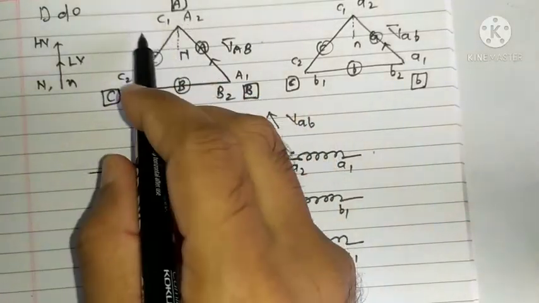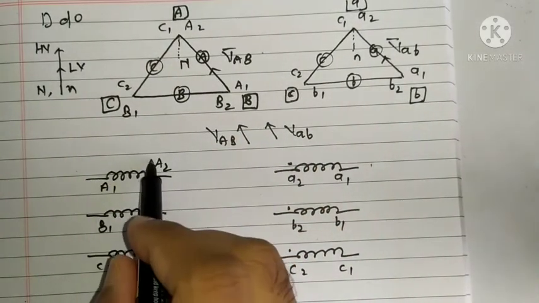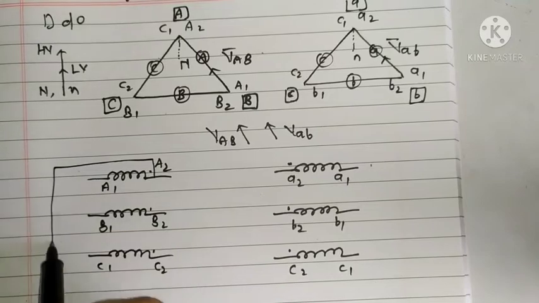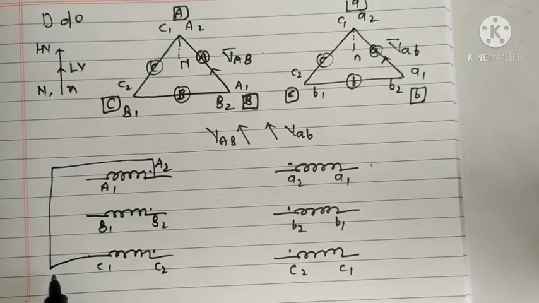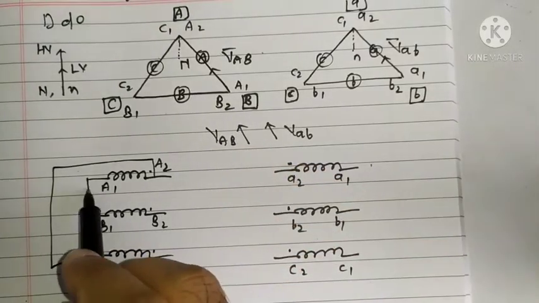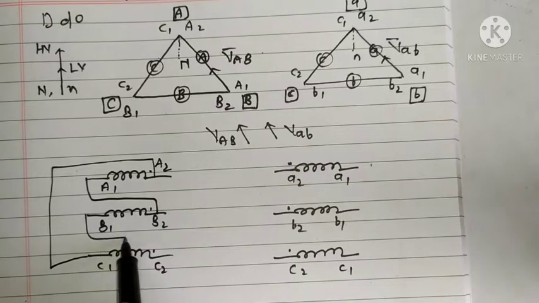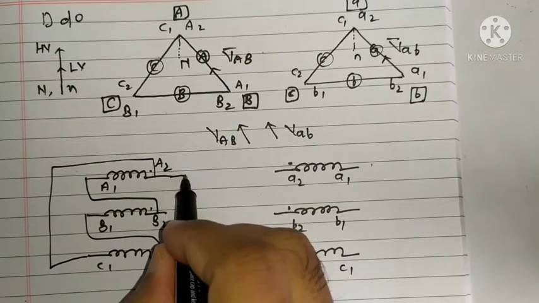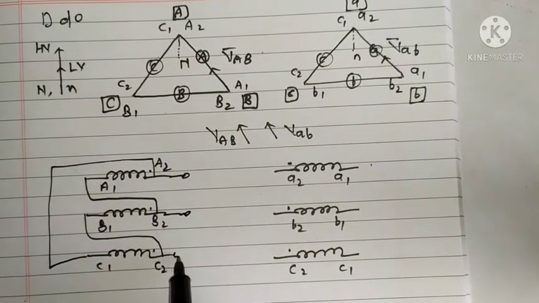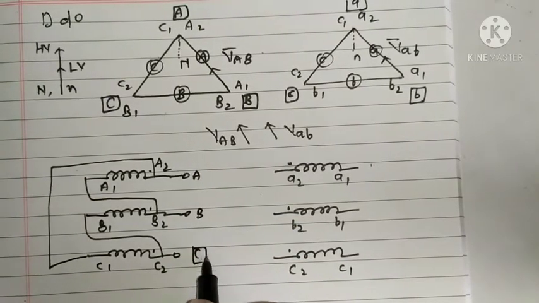So A2 is connected to C1. A1 is connected to B2, and B1 is connected to C2. And these terminals are brought out. They will be terminal A, terminal B, terminal C, right?